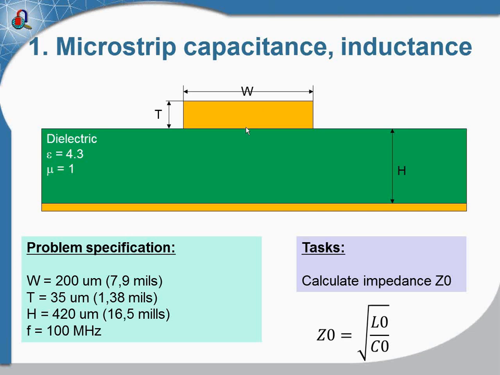The dimensions in micrometers are listed here in the table, and for your convenience there are the American dimensions, which are the thousandths of an inch. The line carries the signal at a frequency of 100 MHz, and our task is to calculate the impedance of the line.